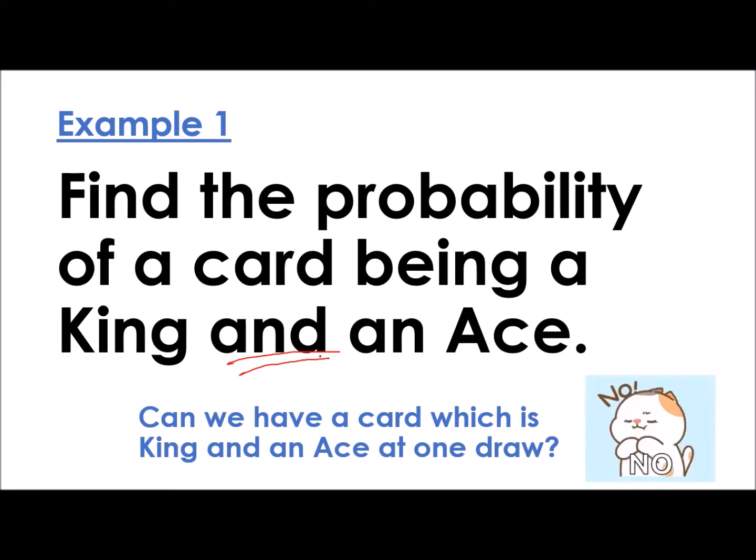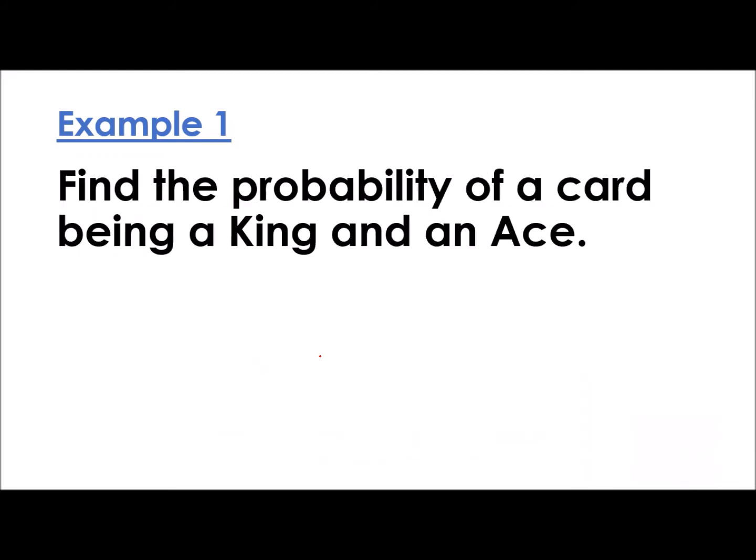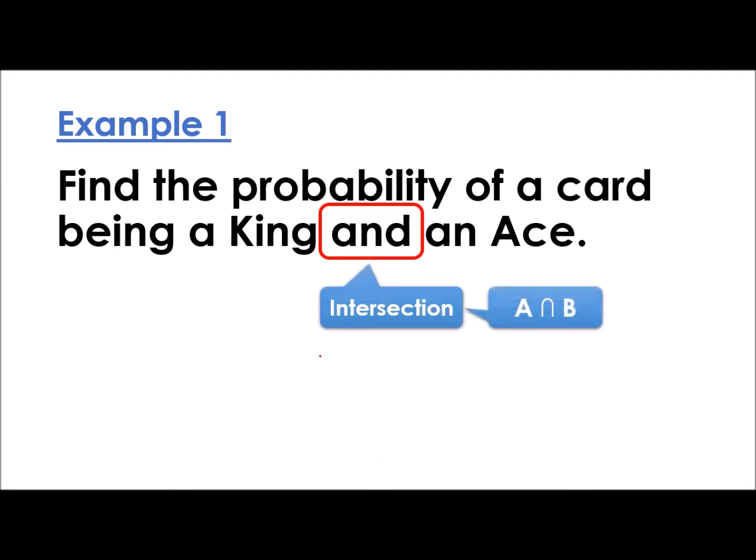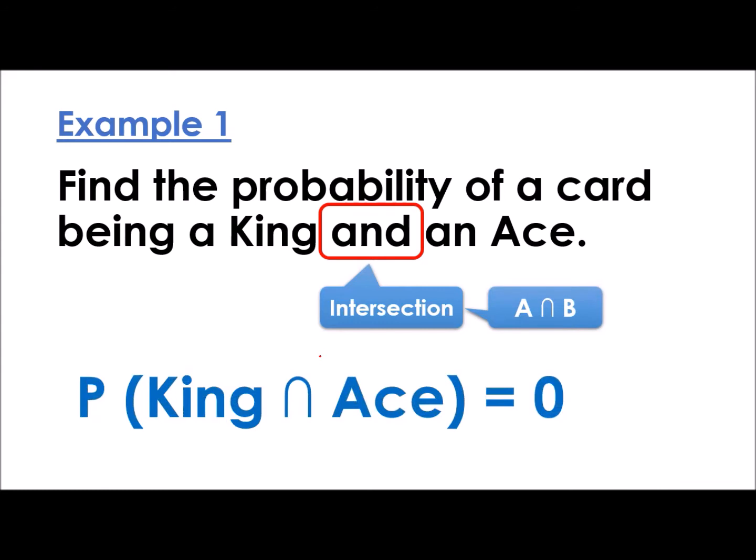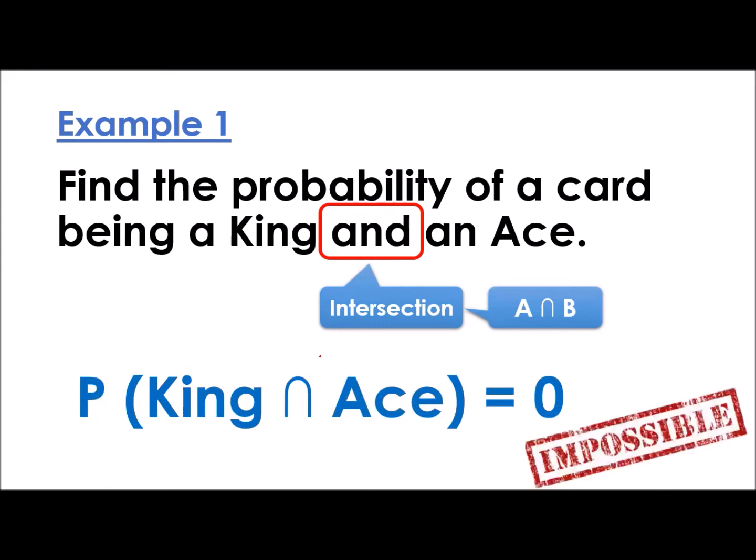Okay, of course not. That is impossible to happen. Kasi sa baraha, king lang talaga. Pagka ace, alas lang talaga. So with that case, dahil and yan, that is intersection, it only means dapat may commonality sa kanila. Eh wala nga, so that is 0. So because it is impossible to happen.